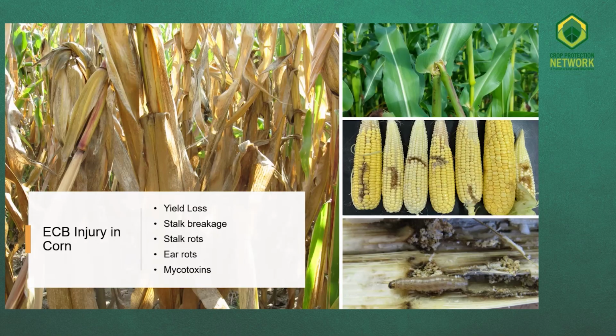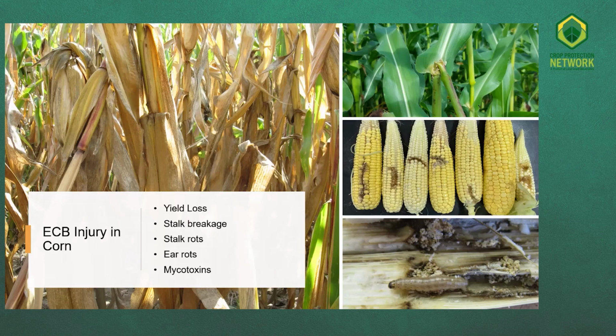The issue with European corn borer, of course, as it's boring in the corn stalk, is that we get yield loss. The translocation, water uptake, etc., in the plant is disrupted by these tunnels. The stalks become weak at different points, and then they can break. You'll get lodging of plants.